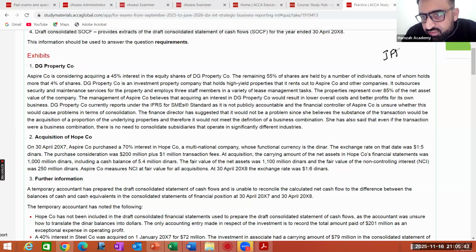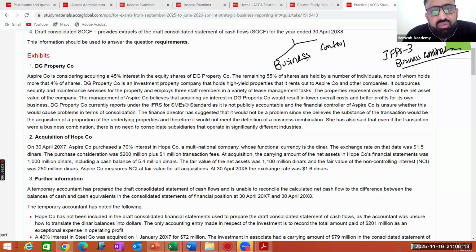IFRS 3 is the accounting standard on business combination. Dear student, if the parent company wants to consolidate a company, they need to establish two things. Number one, they need to establish that they have acquired a business.